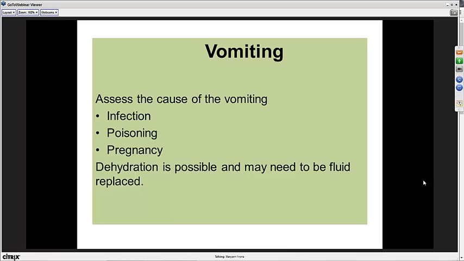Dehydration and fluid loss are the essential things that we're concerned with, because that's going to cause a person a giant problem. Questions about this?